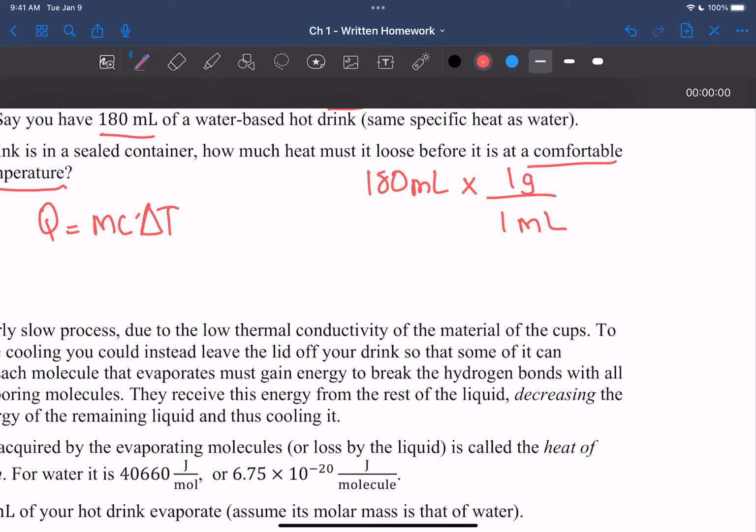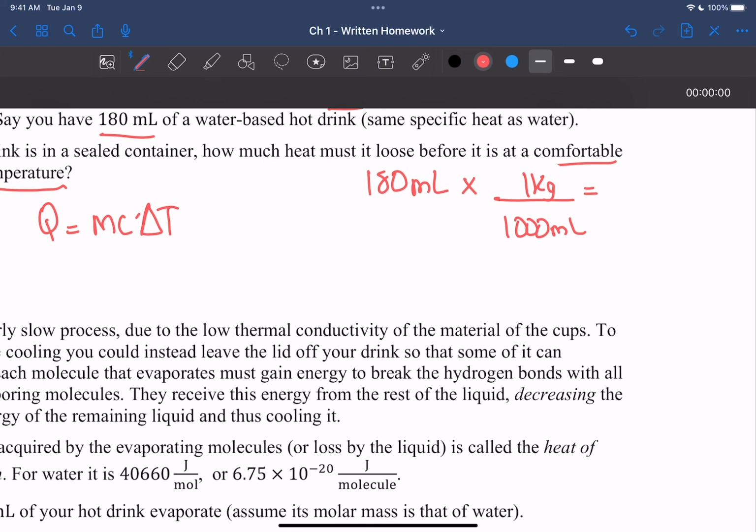Or you can also say 1,000 milliliters is 1 kilogram, same thing. Or kilogram per liter as well, because 1 liter is 1,000 milliliters.